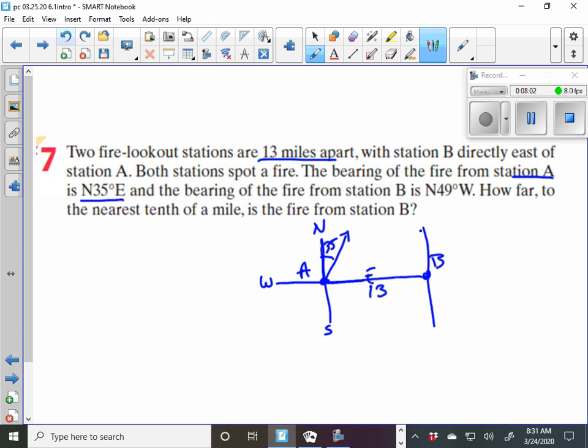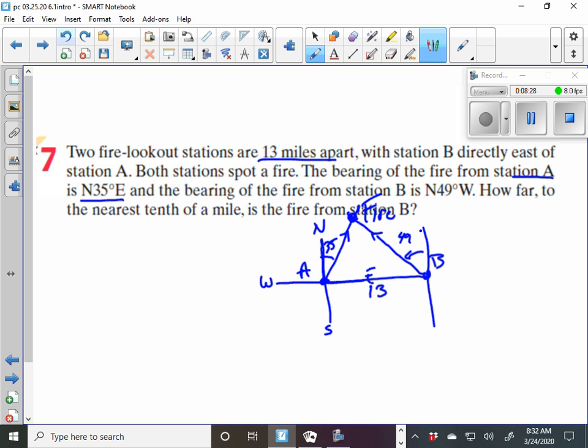And the bearing of the fire from station B is north 49 degrees west. 49 is a little bit more than 45, so that's going to go this direction. Now notice that if these two keep going, they're going to intersect and you're going to end up with the fire right there.